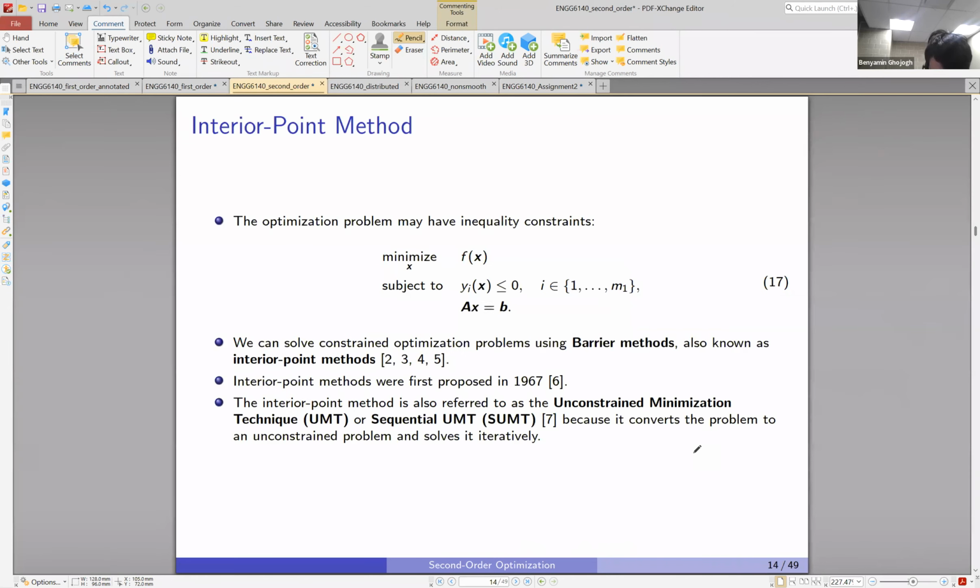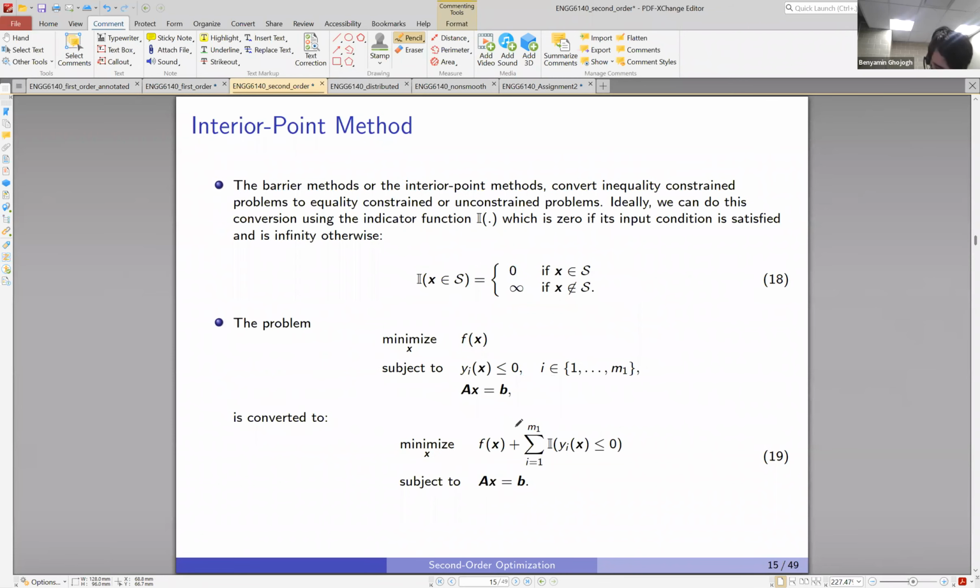Then we said, okay, let's consider the general case. Let's add inequality constraints too. That would be the general case, which is mostly used in many optimization toolboxes such as CVX, and that's called the interior point method, also called barrier methods, also called the sequential unconstrained minimization technique.